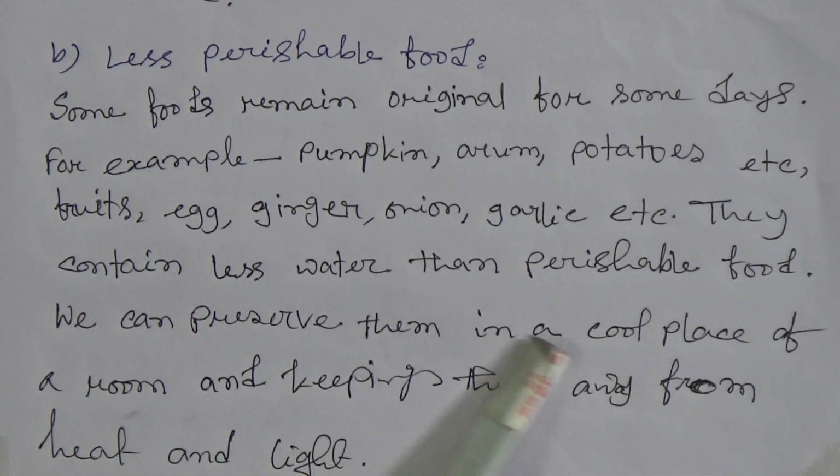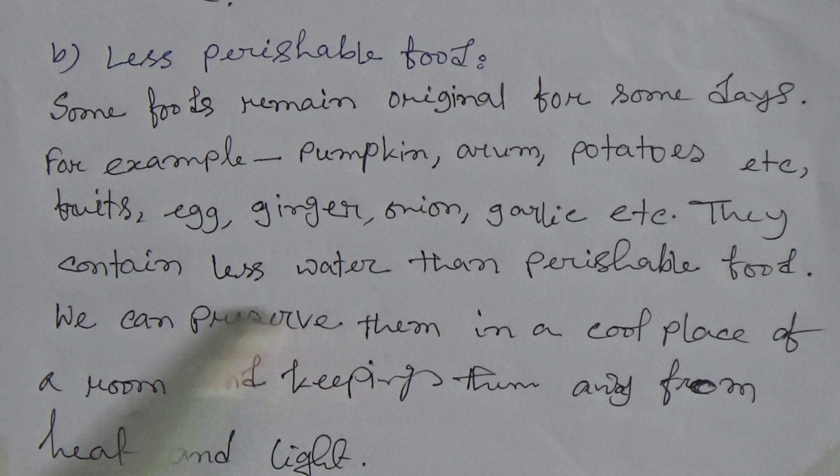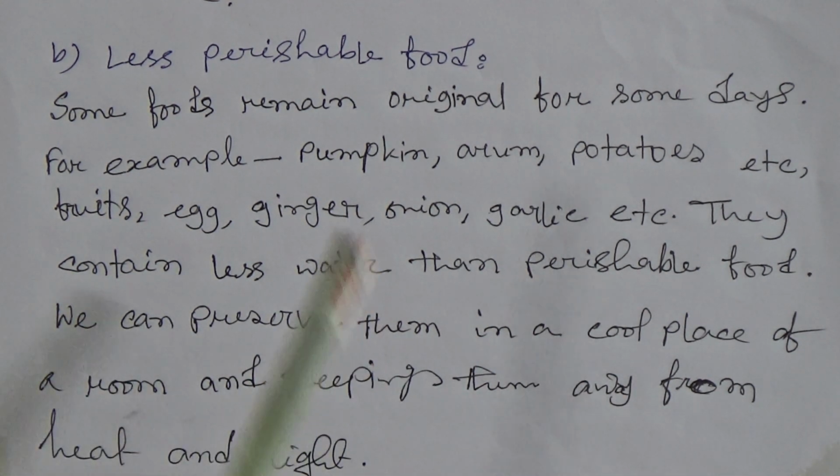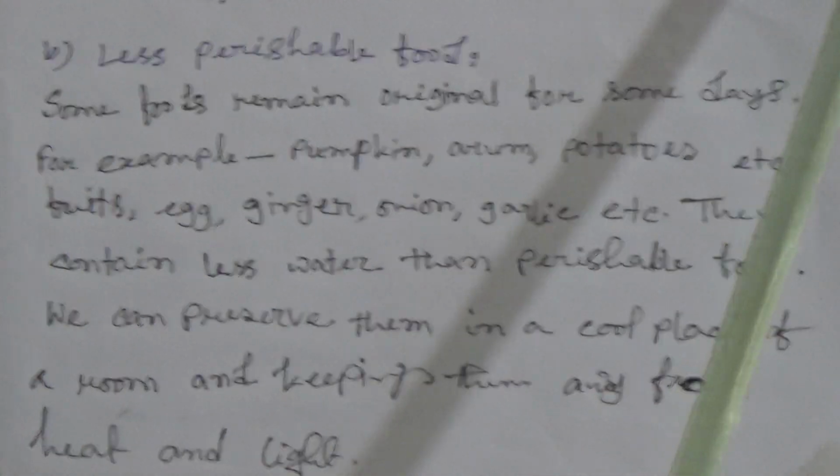We can preserve them in a cool place of a room, keeping them away from heat and light. So this is the process. These are the processes that we have to follow for preserving the less perishable foods. Now the last one is imperishable food.